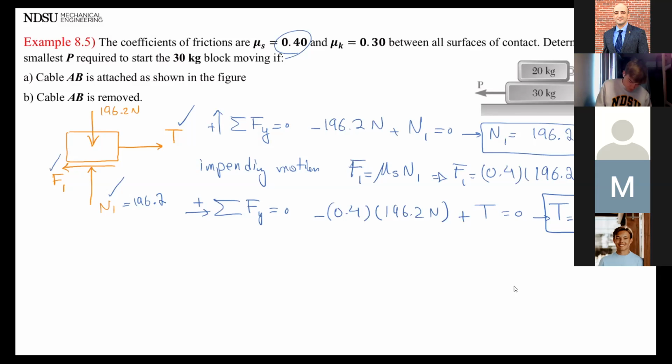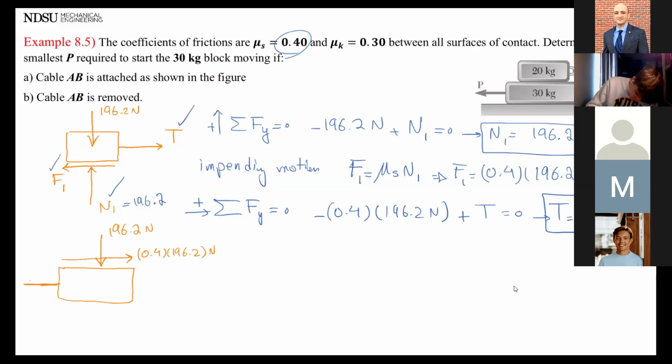Okay. The second free body diagram, block B. We have N1, which we figured out, 196.2. We have F1, which we figured out, 0.4 times 196.2.